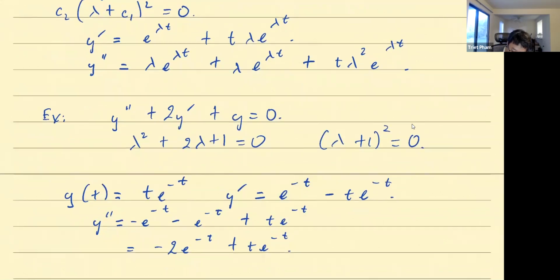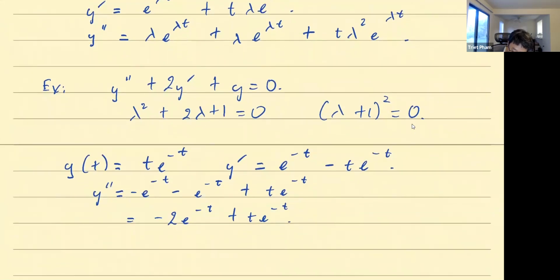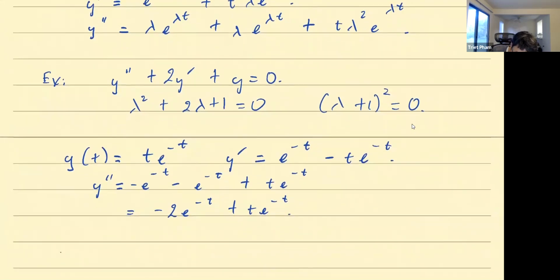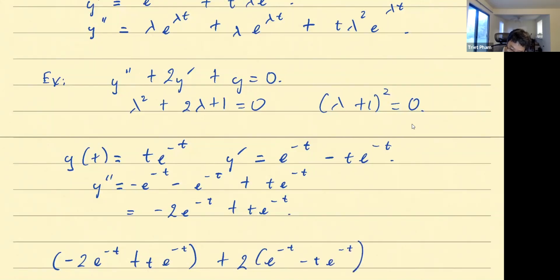Now I will plug y prime, y double prime, and y into the original equation. What I'm going to get is minus 2 e to the minus t plus t e to the minus t, that's y double prime, plus 2 times e to the minus t minus t e to the minus t, and then plus y, which is t e to the minus t.